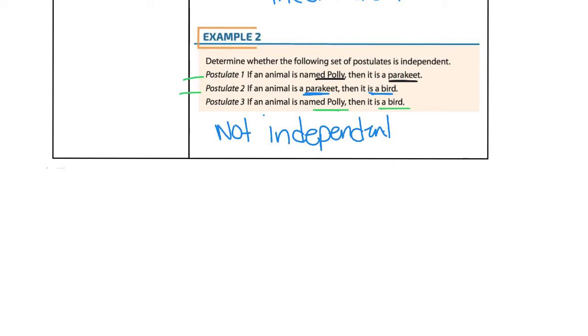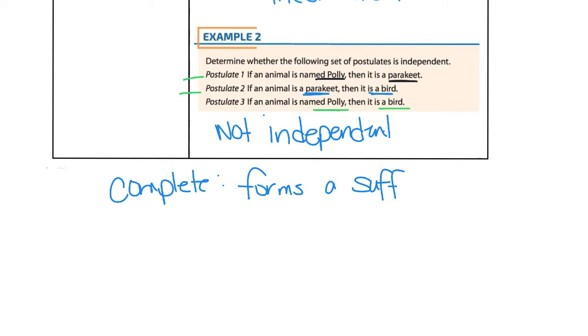One other term I want to define before we move off of this is the term complete. A system of postulates is complete if it forms a sufficient base for a full description.